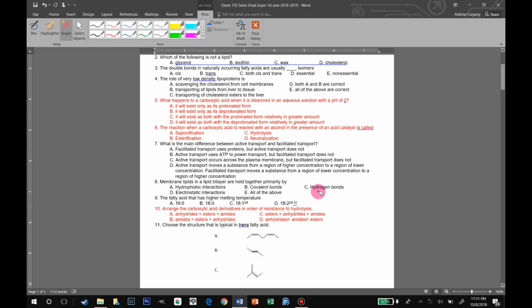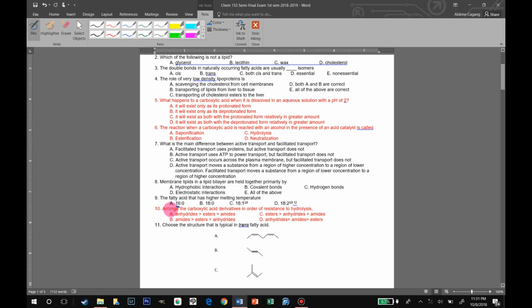Number 9, the fatty acid that has higher melting temperature. You have the 4 options here with a notation. I've introduced to you this kind of systematic notation for your fatty acids, that your fatty acids can be described by 2 numbers separated by a colon in the middle, and the first number indicates the number of carbon atoms within the fatty acid structure.